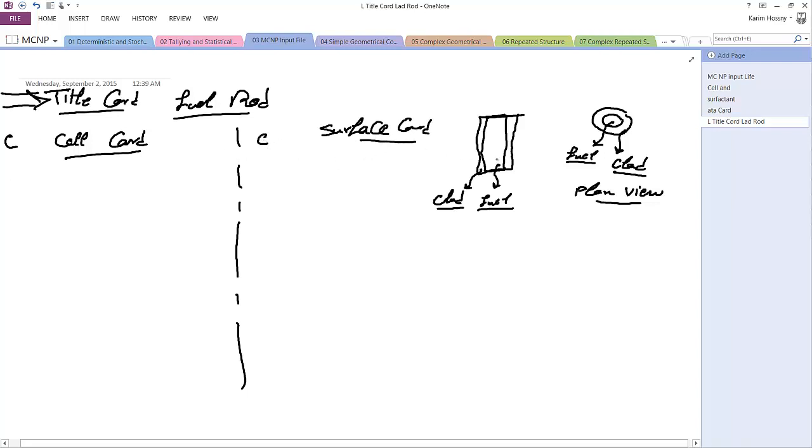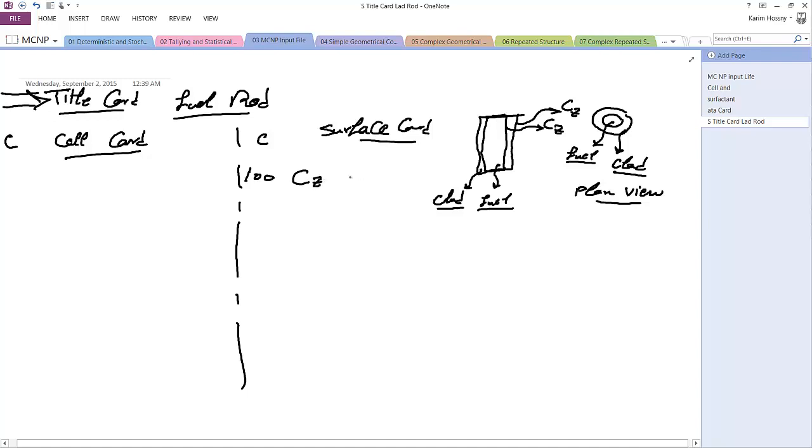Okay, what surface do I use to describe a fuel rod? Obviously, I have a cylinder. Its axis is the Z axis. Another cylinder. Its axis is the Z axis. Let me give this surface number 100 CZ.